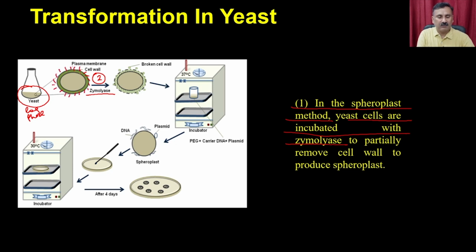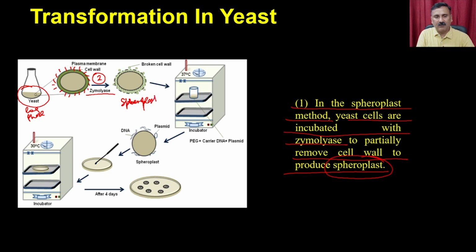If you are not going to do a complete hydrolysis or complete removal of the cell wall, you are going to make a partial removal of the cell wall to produce the spheroplast. The cell which is generated once you have removed the partial cell wall is called a spheroplast.